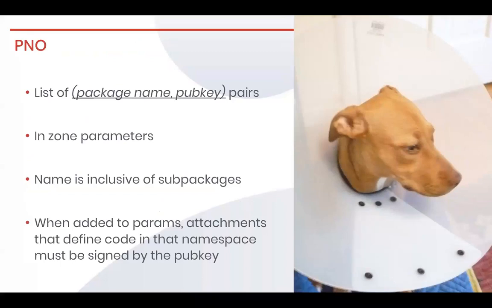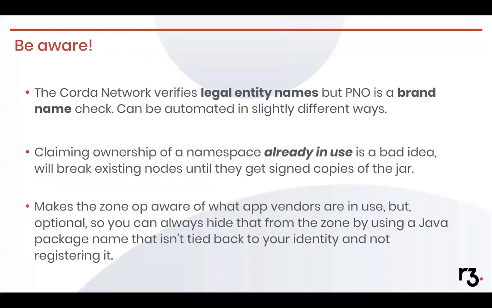So the assumption here is that when you created that key back on slide 5 or whatever to use signature constraints, you sent that public key to the zone operator and said, hey, I work for a company that actually owns com.megacorp, or megacorp.com, sorry, and you can prove that by your email address, for example. And then they add it to this list and publish it, and now only your employees can publish stuff in this namespace. So a name will actually line up with what it actually looks like. So perception and reality will be closer.